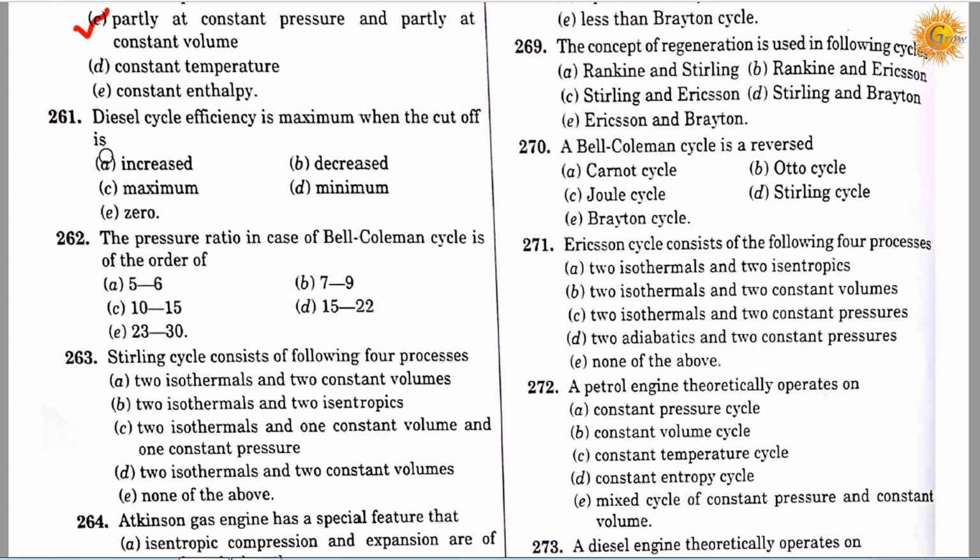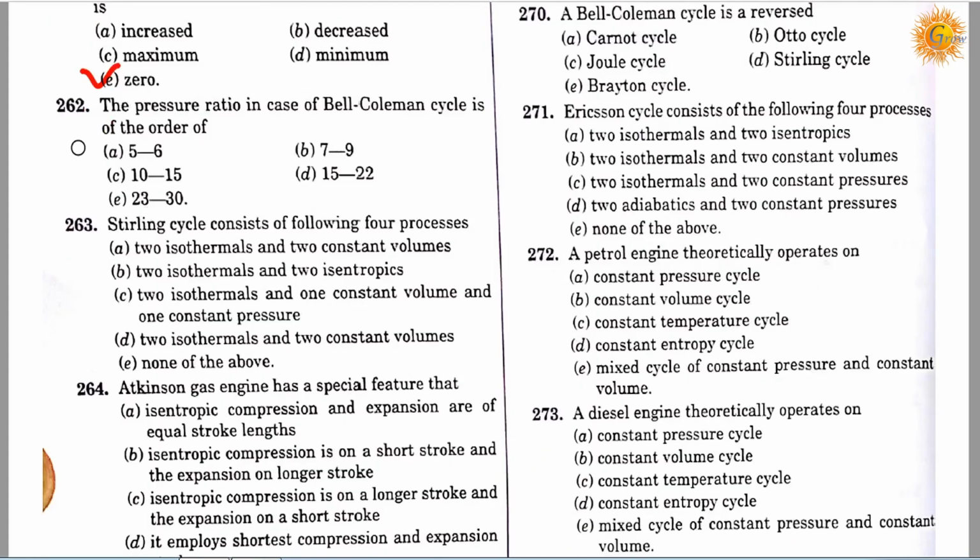Question number 261. Diesel efficiency is maximum when the cutoff is: option A, increased; option B, decreased; option C, maximum; option D, minimum; option E, 0. So correct answer is E, 0. Question number 262.